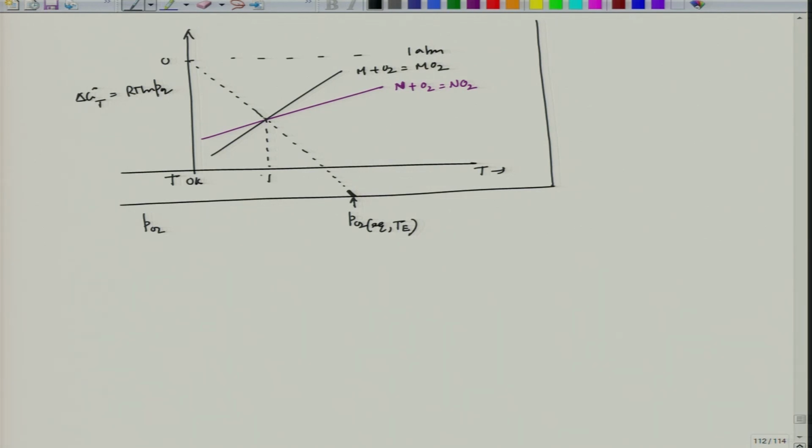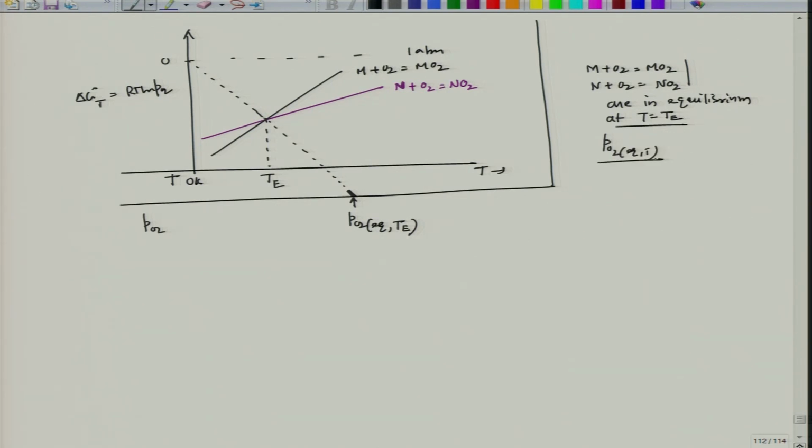So, now at this point both the reactions M plus O2 equal to MO2 as well as N plus O2 equal to NO2 are in equilibrium at T equal to TE, fine.